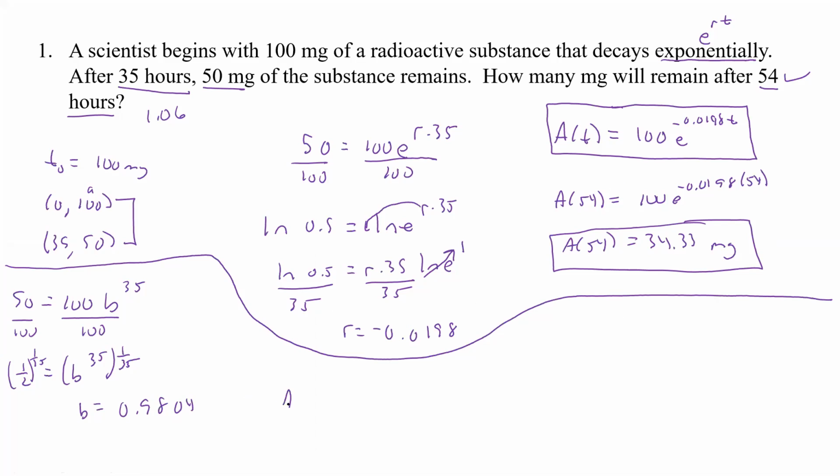So that says A of 54 is going to be equal to our little a, 100, times B, which we just found is 0.9804, to the X, or in this case, 54. Okay, now what does that equal? Well, let's go check that out.